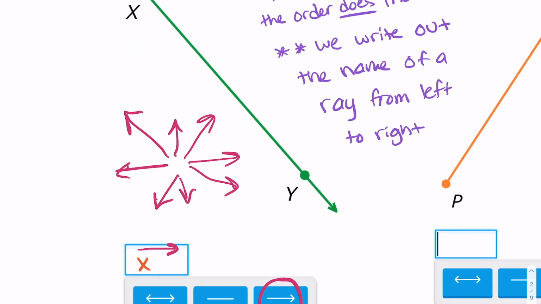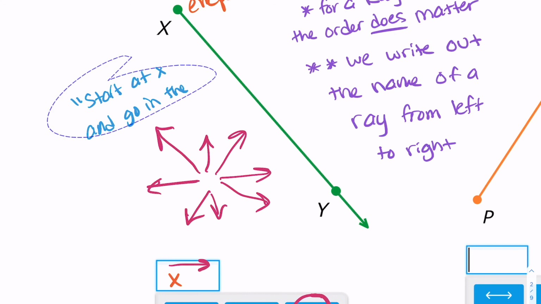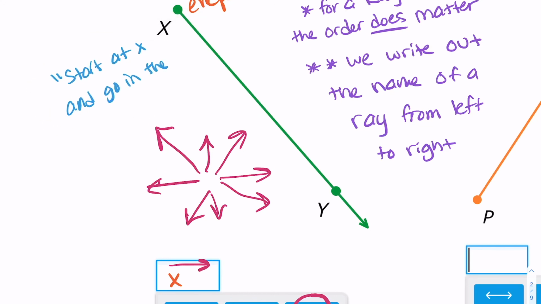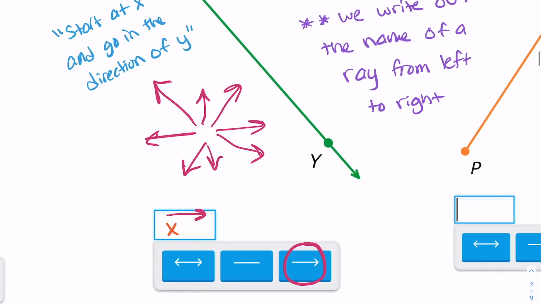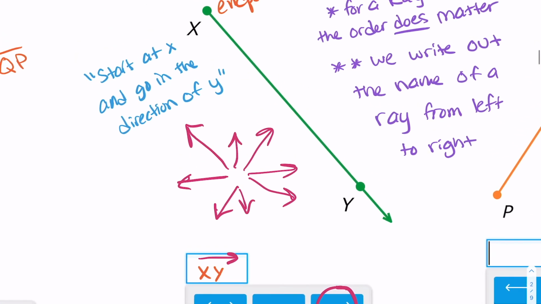Because we're saying start at X. We are saying start at X and go in the direction of Y is what it's saying. So we're going to start at X and we are going to go in the direction of Y. So we always start at an endpoint.